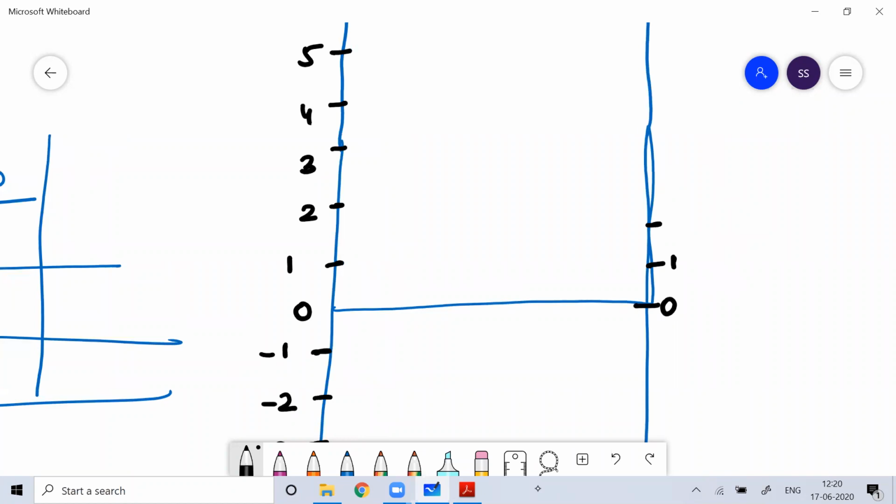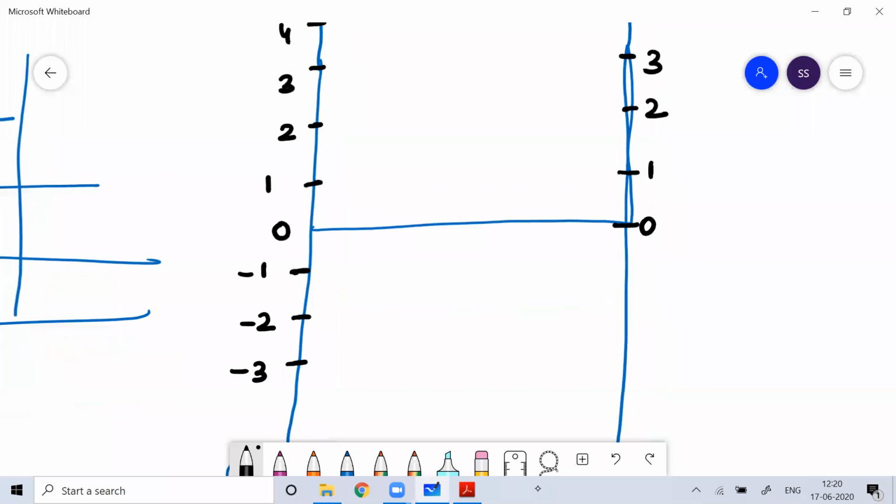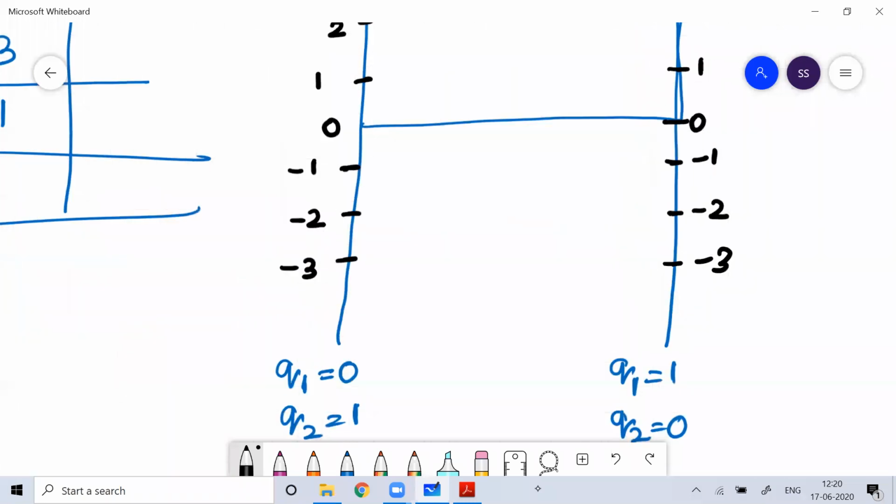They should be in the same line. So this is 1, this is 2, this is 3, this is 4, this is 5. Now this is minus 1, this is minus 2, this is minus 3, this is minus 4.